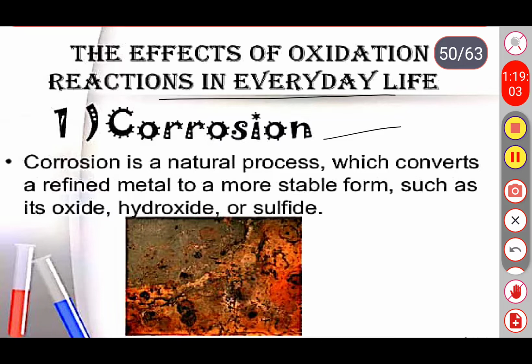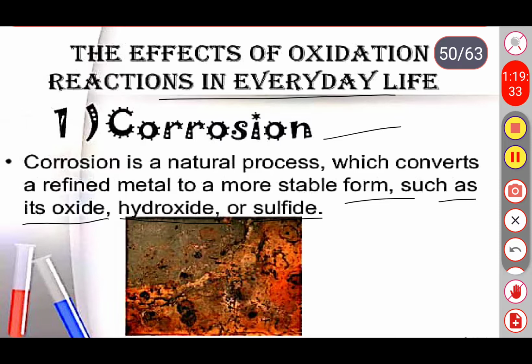So corrosion is nothing but rusting. How can you define corrosion? The chemical process of slow eating up of the surfaces of certain metals when kept in the open for a long time. For example, when we keep some metals for a long time, they get oxidized.